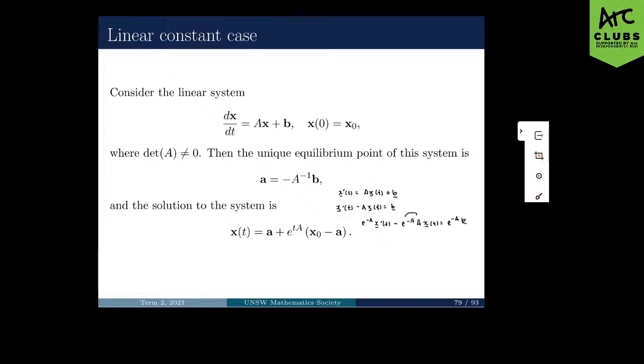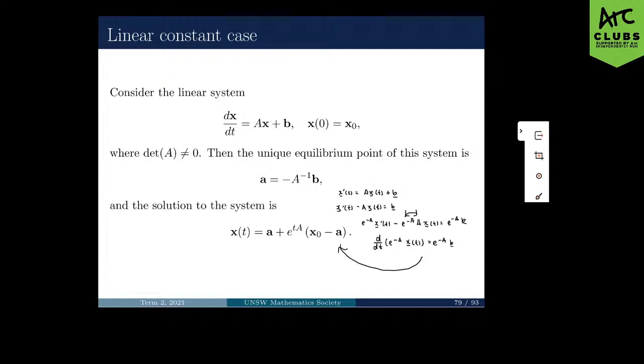We know that these two matrices commute as a property, and so we can write this as d/dt of e to the power of minus A t times x(t), and that's equal to e to the power of minus A t times b. Then we can integrate using our initial conditions, and our final result should be this.